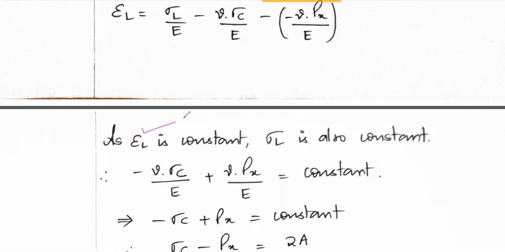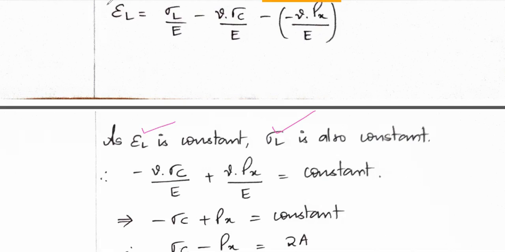In the assumptions, I clearly mentioned that the longitudinal strain will remain constant and is not affected by changes in the radial distances. That was my second assumption. According to that assumption, if epsilon L is constant, then sigma L is also constant. If strain is constant, then stress is also constant, and your Young's modulus is also constant.